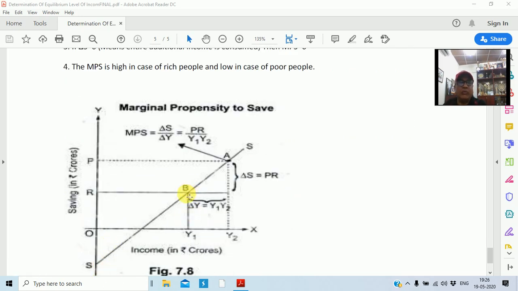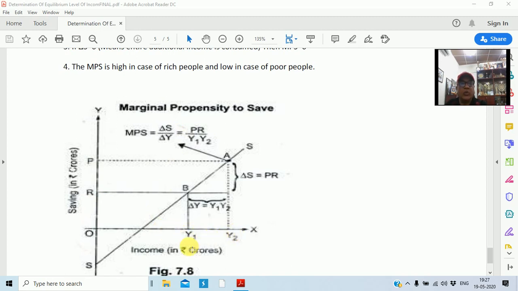Now when we move from point B on a saving function to point A, what will be the MPS at point A? It is equal to the change in saving from point B to point A. How much change? Here the change is RP, or PR, the same. This is the change in savings. And here this is the change in income.